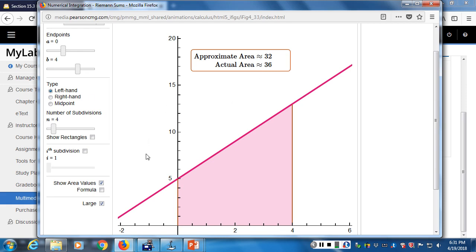Right now, I'm not showing you how I got that approximate area, but I'm going to have it show you how I found the approximate area, and I'm not going to do 4 rectangles. I'm going to start with just 2.